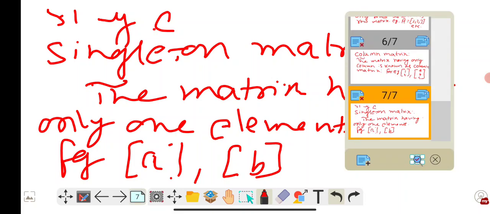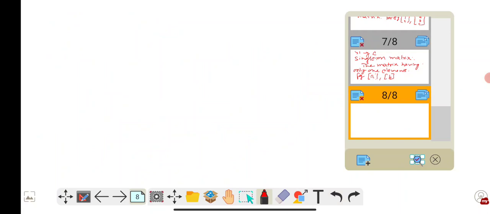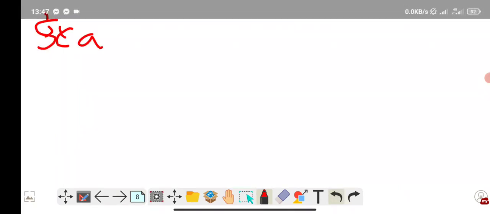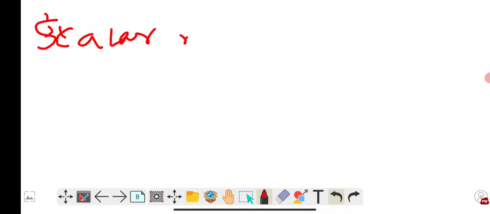Now next is Scalar matrix. Scalar matrix.